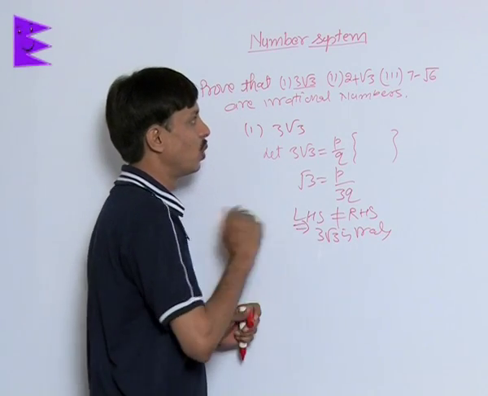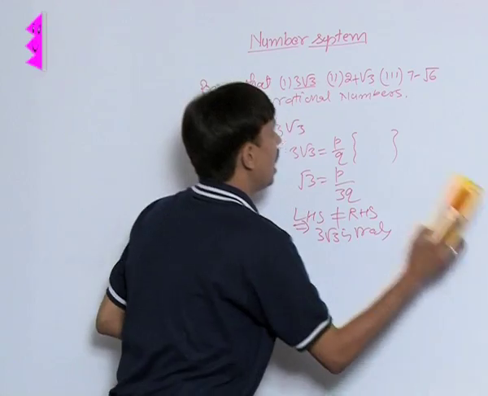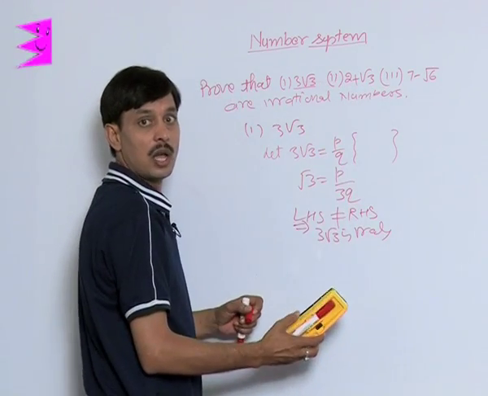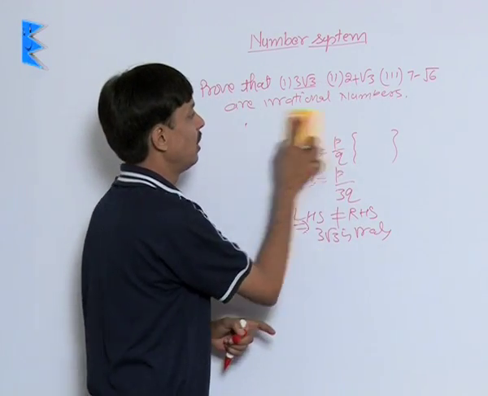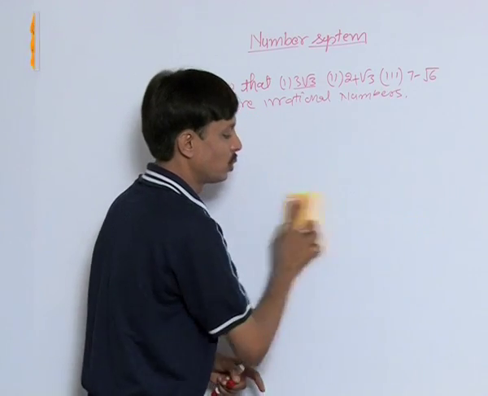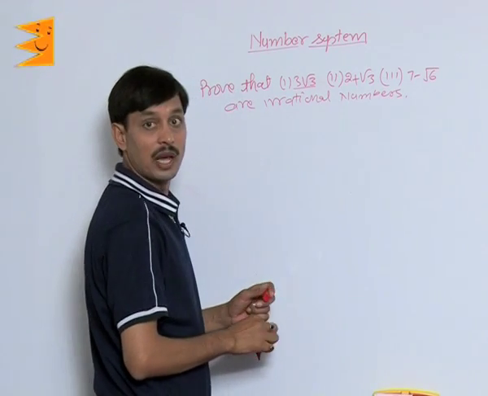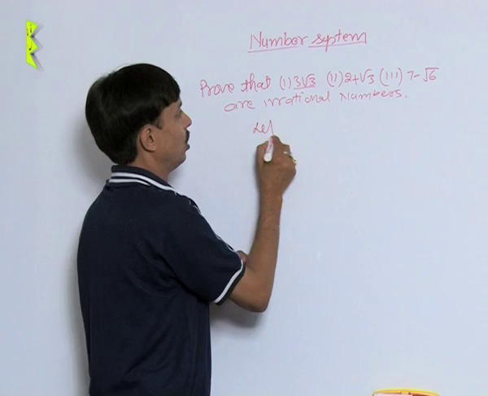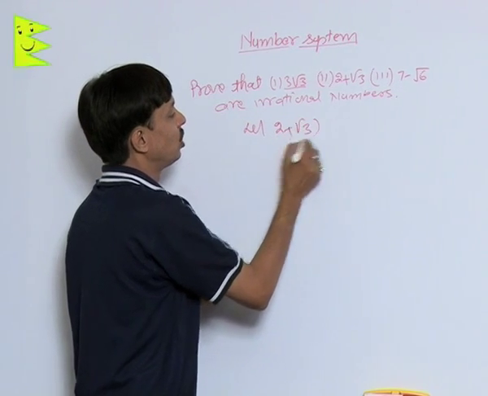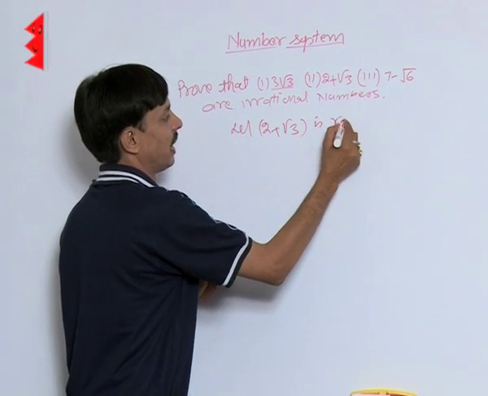Now I want to show you how 2 plus root 3 is an irrational number. In order to show this result, again I will assume, let 2 plus root 3 be what? Rational.